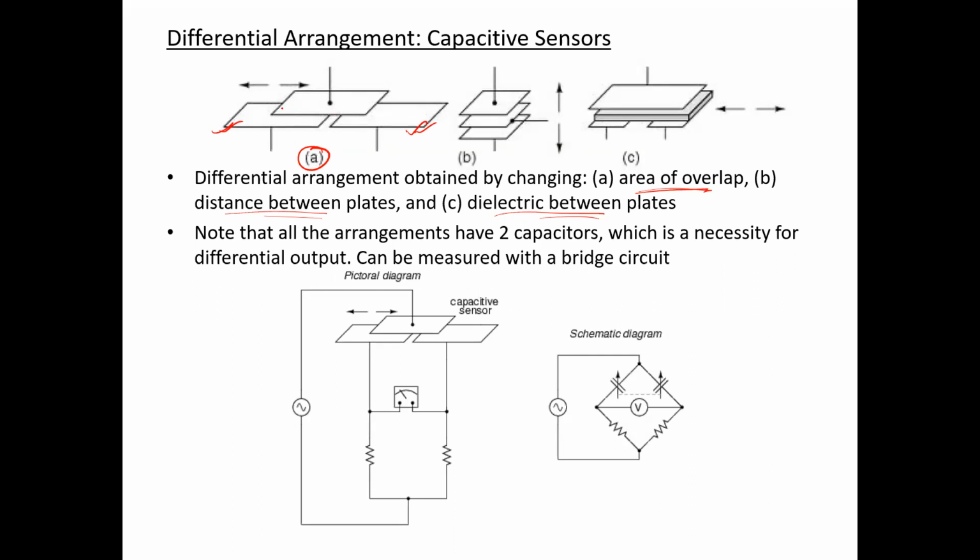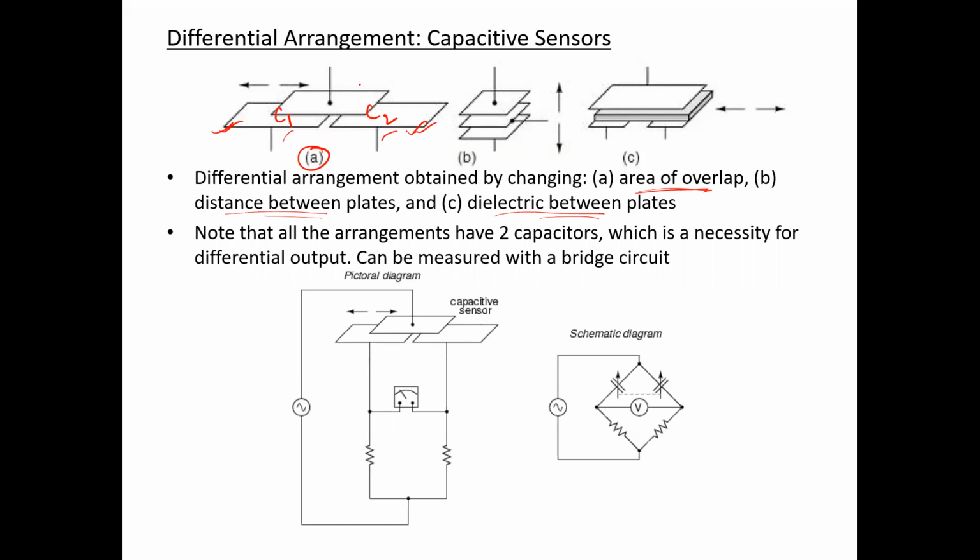Suppose the capacitance between the upper plate and the first lower plate is C1, and between the upper plate and the second lower plate is C2. At the null position, both the capacitances C1 and C2 are going to be equal.